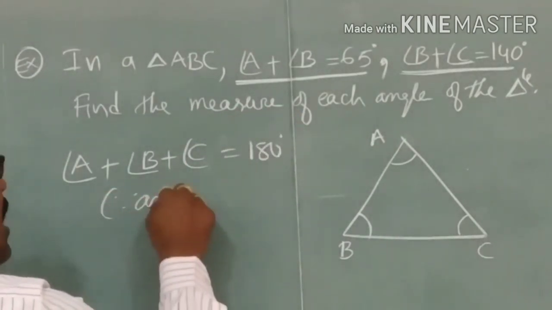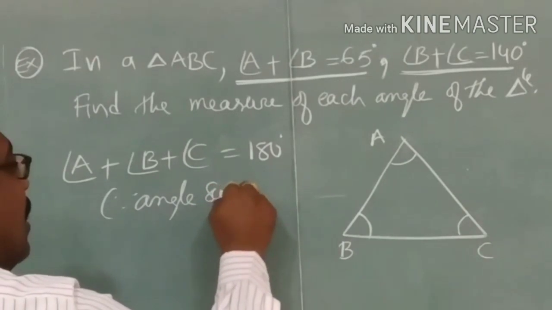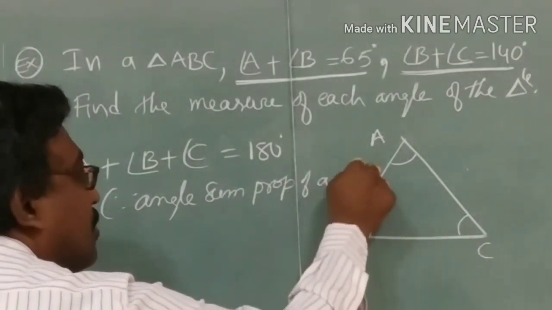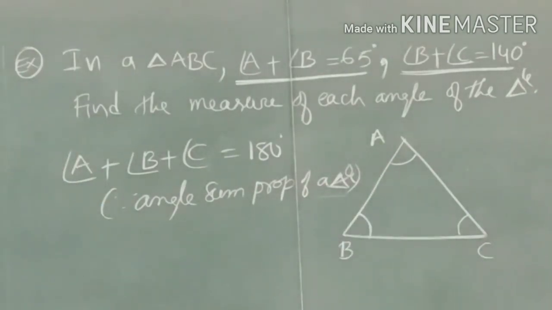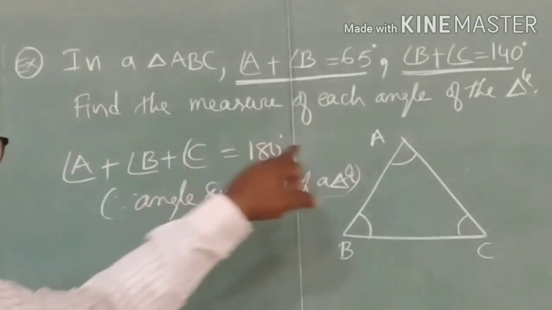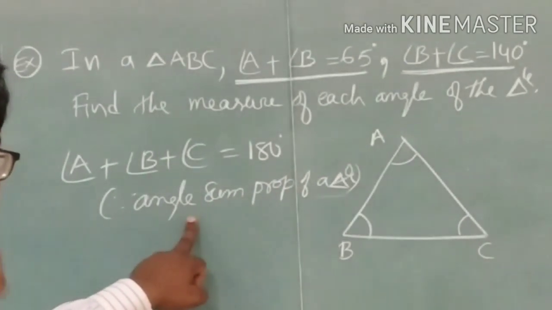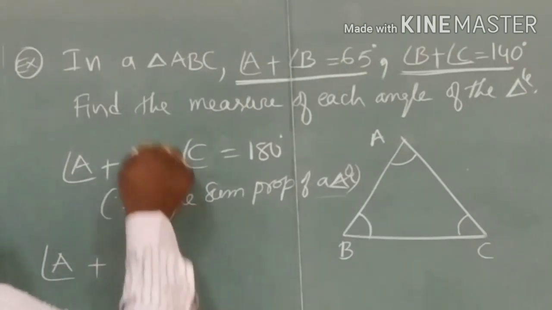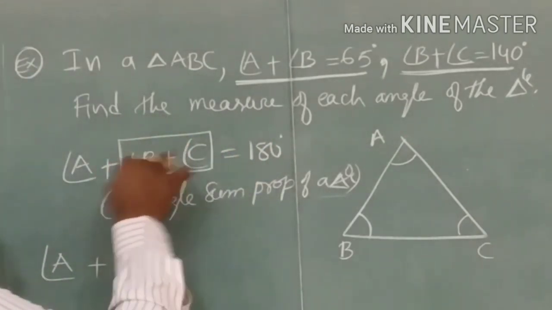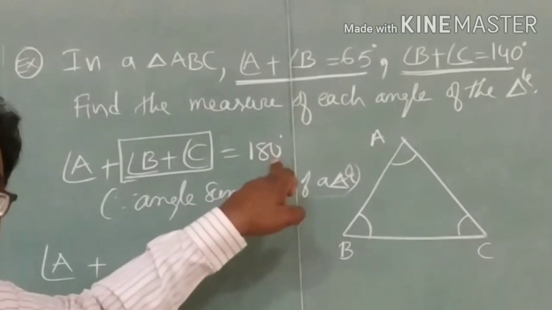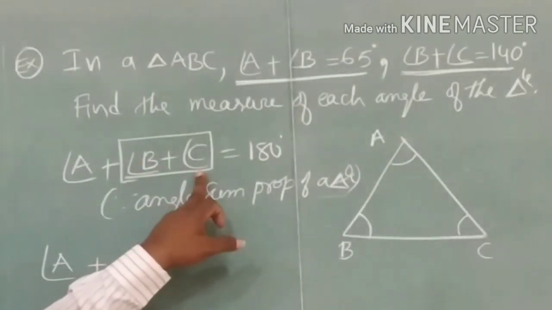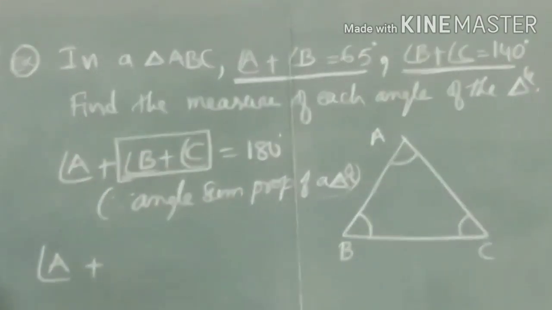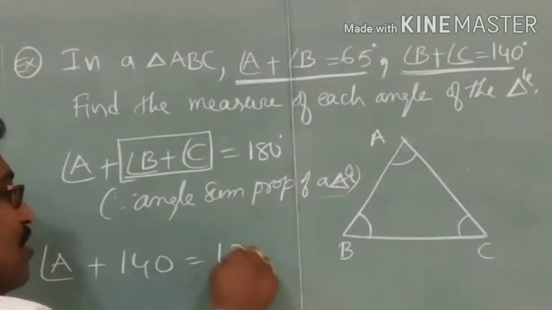I told you very clearly, if you post any statement, that reason should be there along with it. Now, A plus B plus C is equal to 180. In the question, what is B plus C? Good, 140. Substitute here, equal to 180.